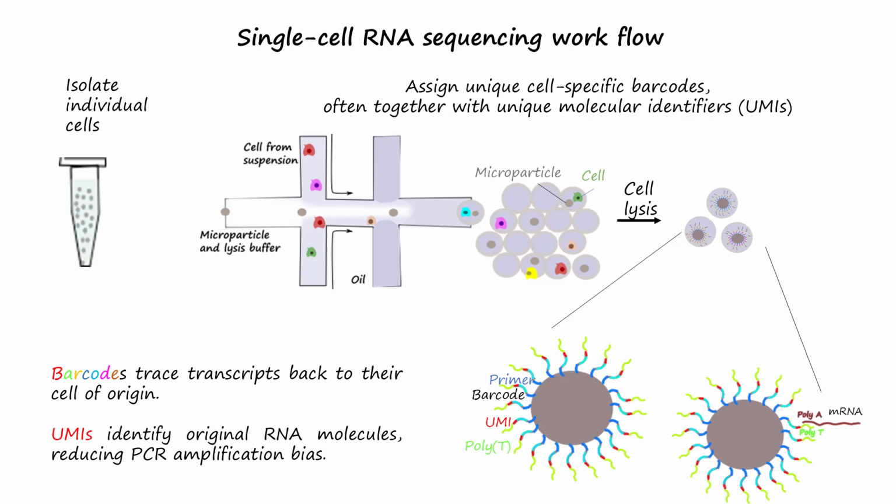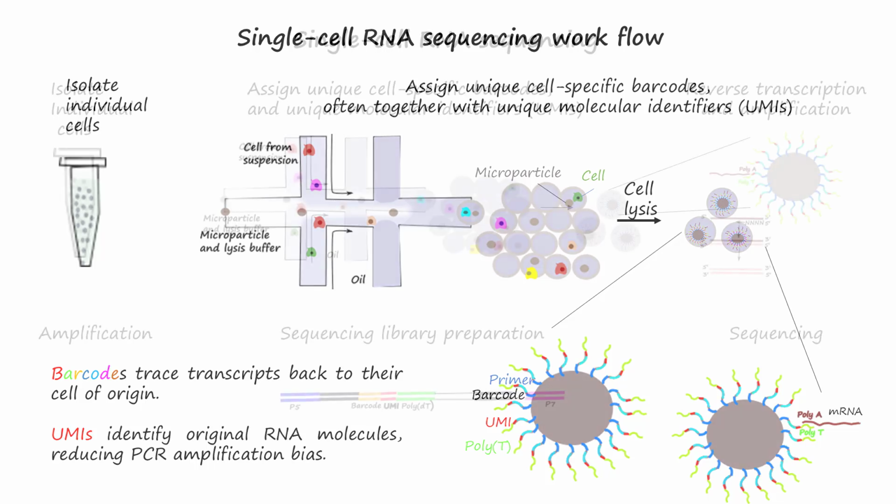The barcodes allow transcripts to be traced back to their cell of origin, enabling gene expression to be measured at single-cell resolution rather than an averaged population signal. UMIs further help identify original RNA molecules, reducing PCR amplification bias and improving quantitative accuracy.